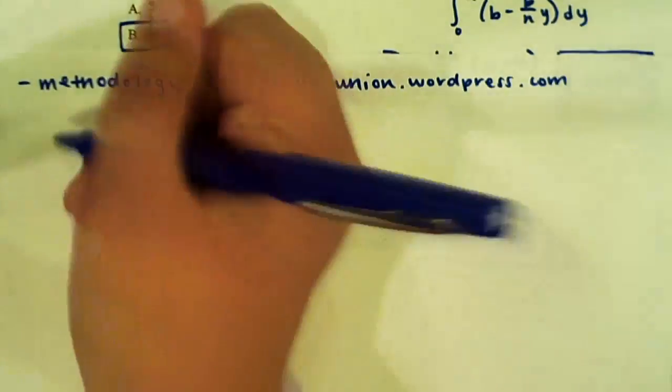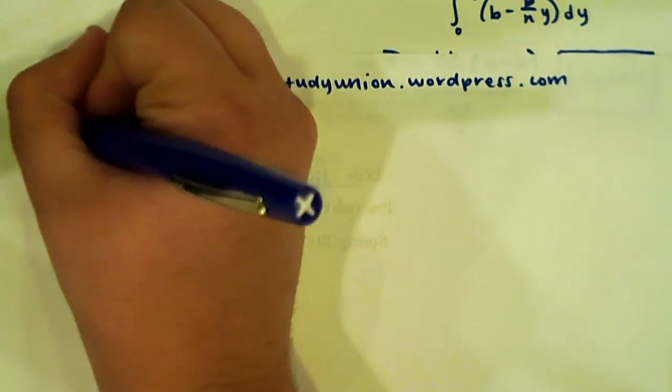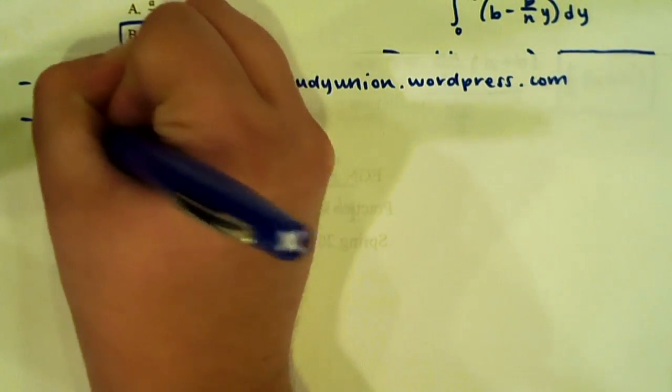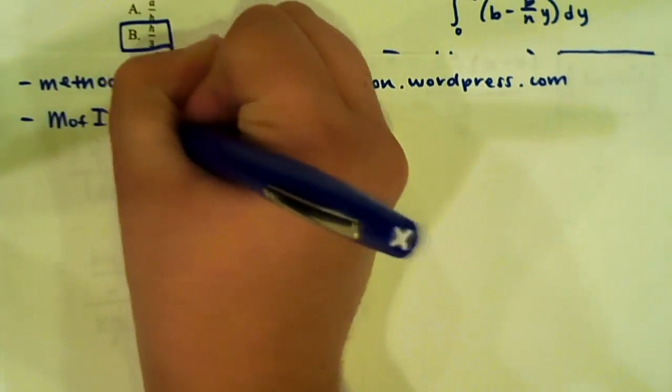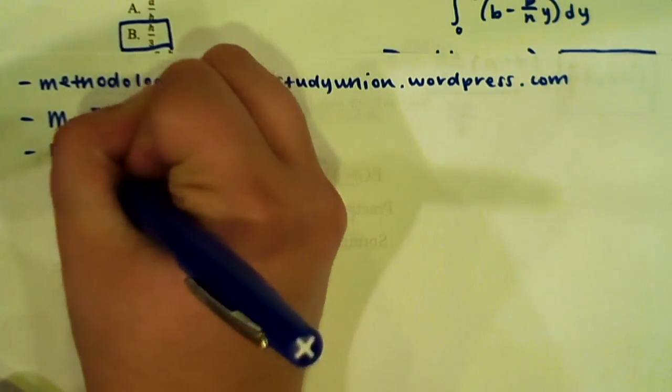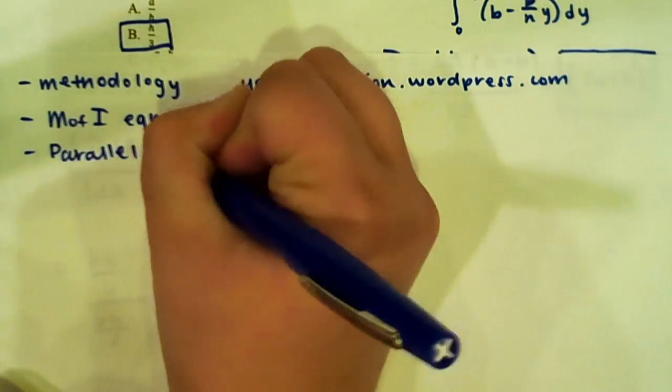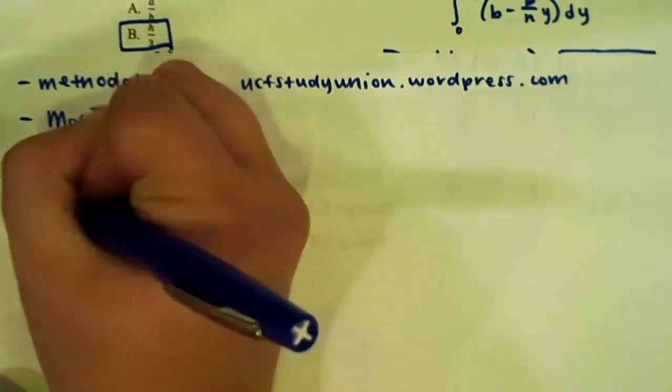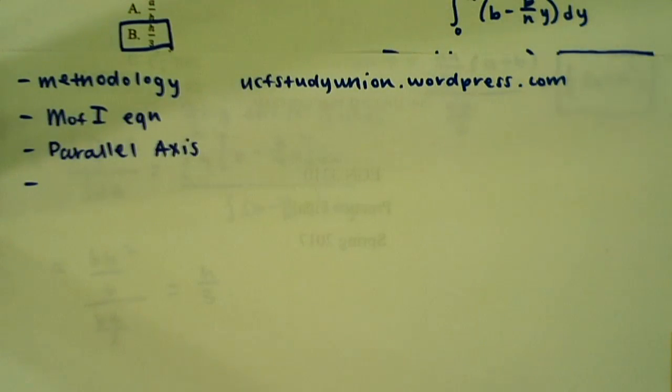So methodology, make sure you have the moment of inertia equations. Make sure you have the parallel axis theorem just in case you blank out. I would make sure that you know how to take the centroid of non-area shapes.